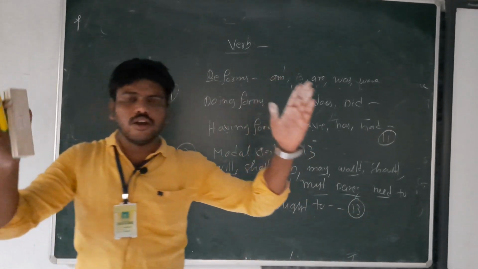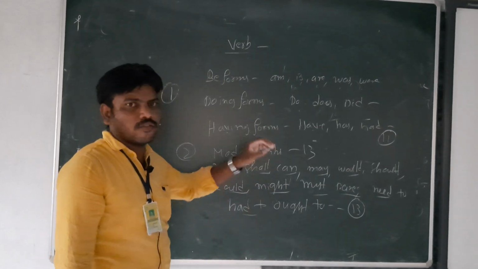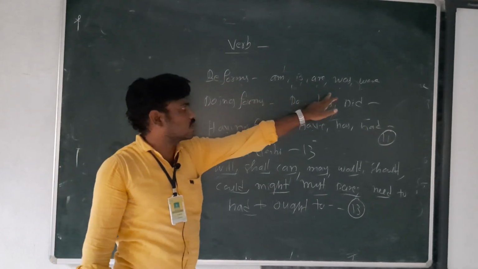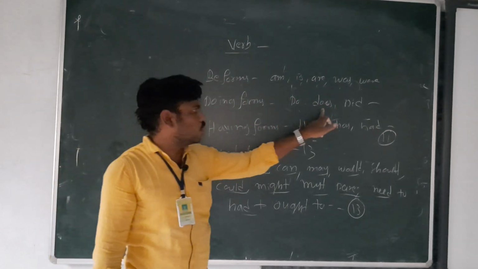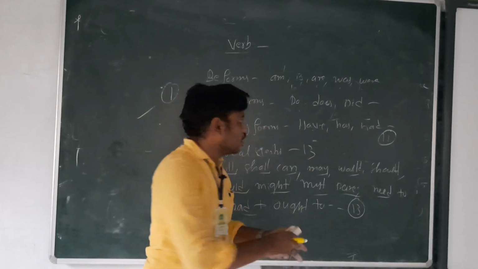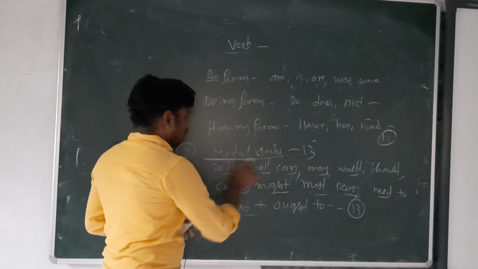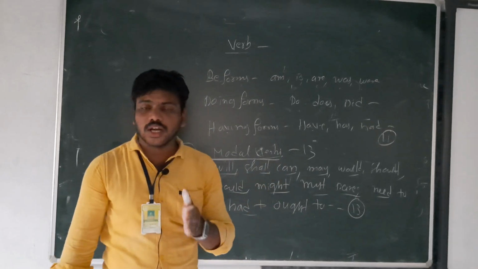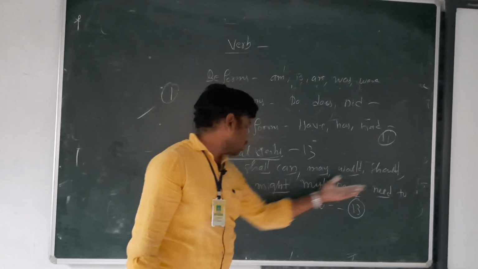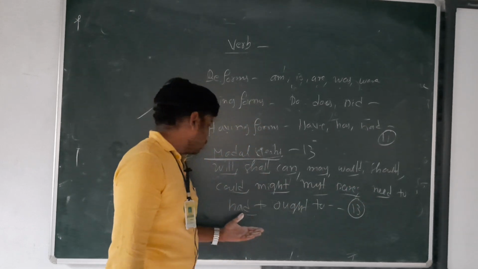This is the overall frame of verb forms. Be forms: am, is, are, was, were; doing forms: do, does, did; and having forms: have, has, or had. How many? 11 we counted. Next, modal verbs. What are modal verbs? Will, shall, can, may, would, should, could, might, must, dare to, need to, used to, ought to.